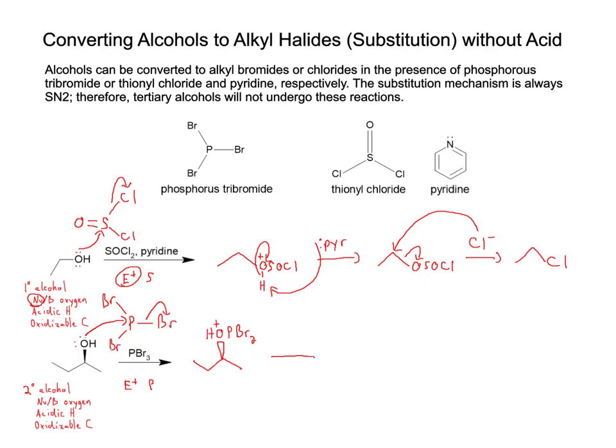So now we have Br negative, which was just kicked off in the previous step, and this is going to act as our nucleophile, and it's going to do a backside attack at this carbon, which is going to kick off this OH PBr2 leaving group. That, of course, is going to invert the stereochemistry as an SN2 reaction and give us our bromine on a dash. And once again, you can hopefully see the parallels between the steps in these reactions with reactions you already know.